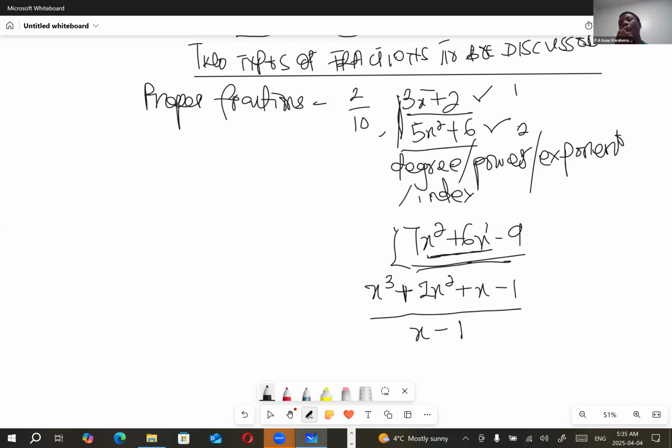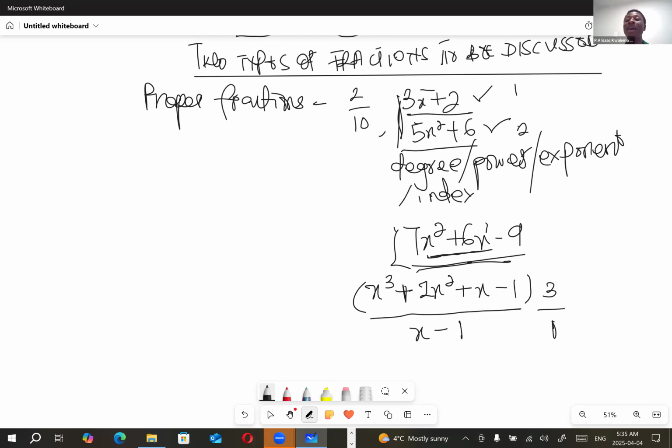Is this proper? No, sir. It's not. That's good. So what is the degree for the numerator, guys? 3. And the degree for the denominator is 1. Right? So it's not proper.